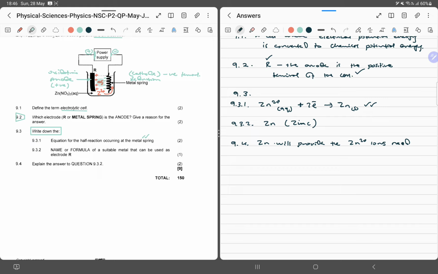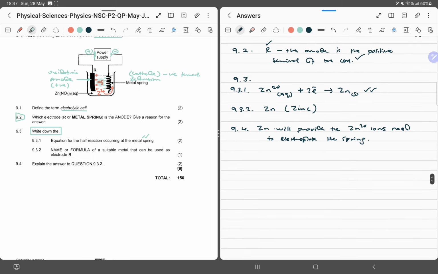So it will provide the ions needed to electroplate the spring. Again, what else? I don't know. What is the other one? Because they're giving us 2 marks. But they just said explain the answer. I mean, that should be all right. That is enough for 2 marks, is it not? Is there anything more?